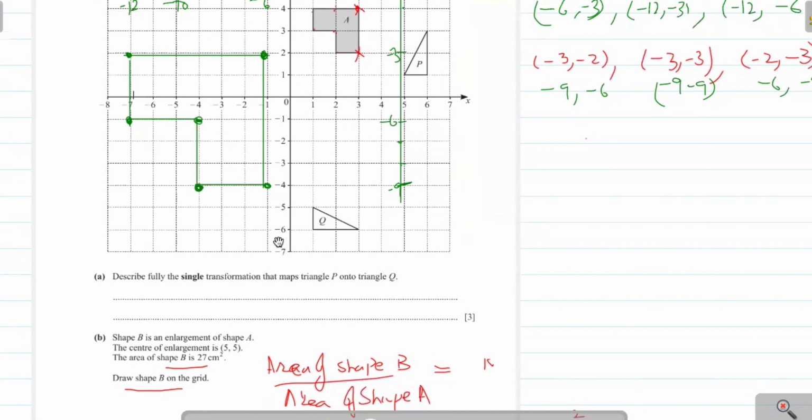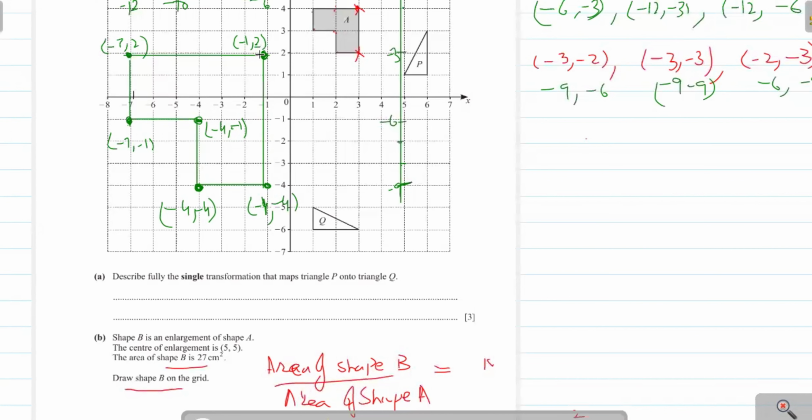From the given grid, the position of all these points: the first point you see here is (-1, 2), second is (-7, 2), third is (-7, -1), fourth is (-4, -1), fifth is (-4, -4), and last is (-1, -4).